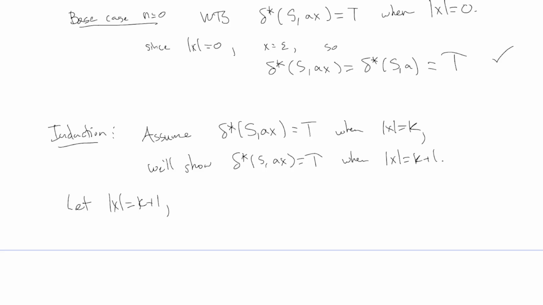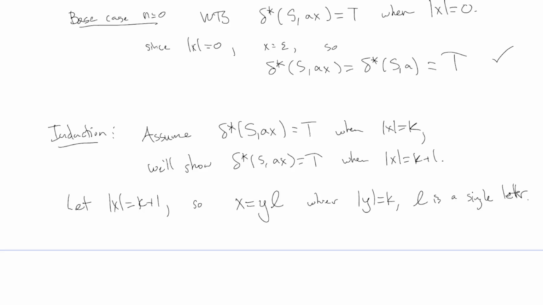X equals YL. That's an L right there. I write my L's with a loopy thing so that it doesn't look like the number 1. But anyway, I'm going to write x equals YL where the length of y is k and L is a single letter. All right?